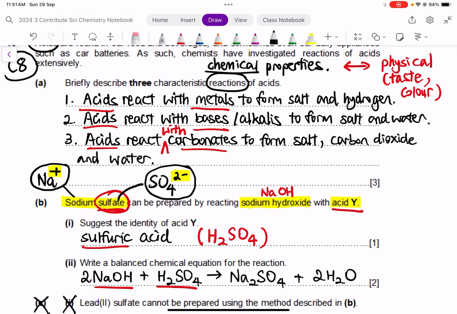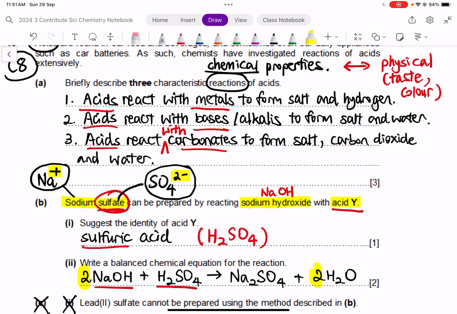Now to balance the equation, I need a 2 in front of the NaOH, 2 in front of the H2O. So it is very crucial that you balance the equation slowly. The first step is always to write the correct formula. The correct formula meaning NaOH, H2SO4, Na2SO4. These are the correct formula.